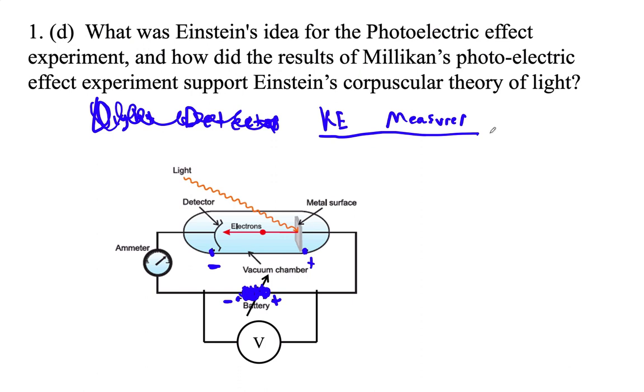So his idea was this. Look, if you set it up this way, then you can adjust this voltage here, and if you get a voltage that stops all those electrons, then that voltage, just changed to electron volts, right?